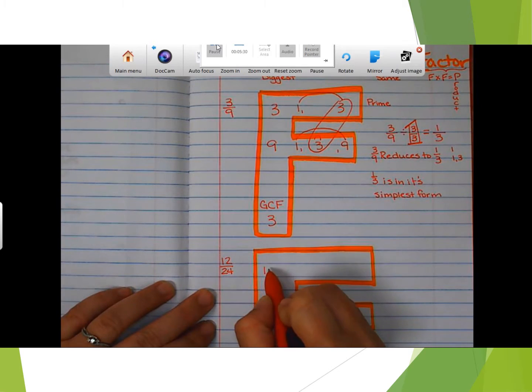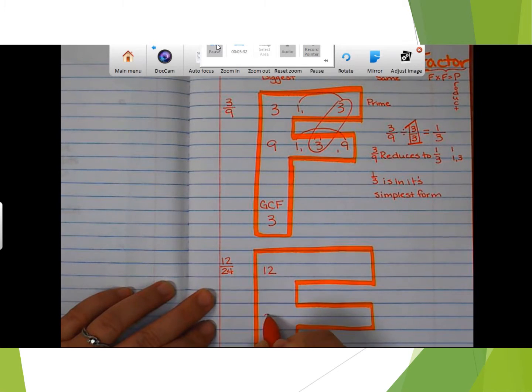So we're going to list our numerator here, our denominator here, and then all across the bar, we're going to list our multiples.